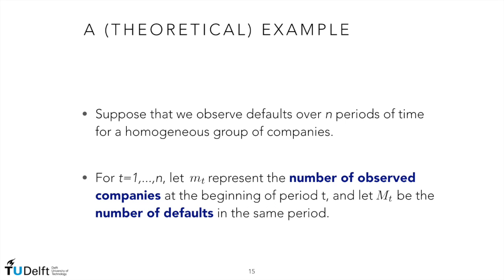Let's consider an example, a theoretical one for the moment. Imagine we observe defaults over n periods of time for a homogeneous group of companies. For every t, let mt represent the number of observed companies at the beginning of period t, and let capital MT be the number of defaults in the same period.